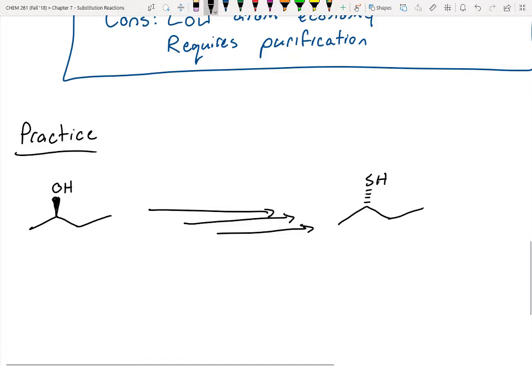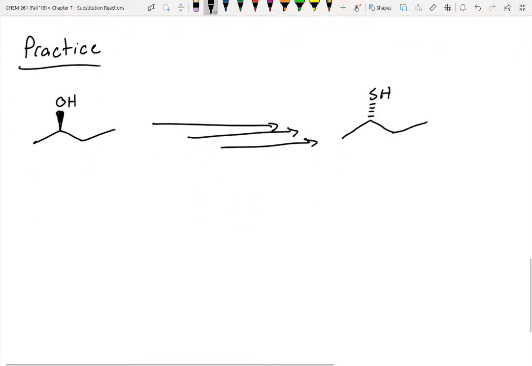So the question is, what would the first step likely be? So we could protonate it. That could be one option, or we could tosylate it. Let's try to do the tosylation simply because there's not a good acid where the conjugate base is SH minus, I guess, if that makes sense.